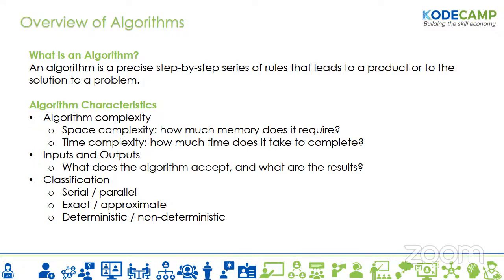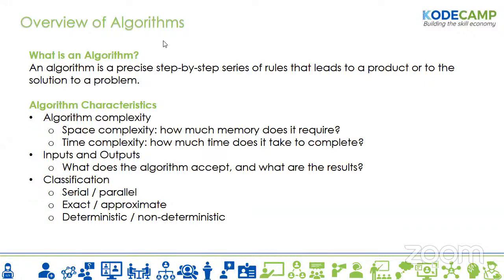Then we have deterministic and non-deterministic. Deterministic is saying that the result we want to get is always the same at every point in time. It has a fixed result at every point in time.